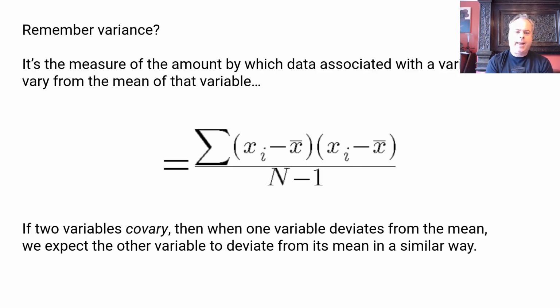So if you think back again to variance, when we measure variance or variability in our data set, it's a measure of the amount by which data associated with a variable varies from the mean of that variable. So it tells us something about the deviation or dispersion of the data points around the mean.